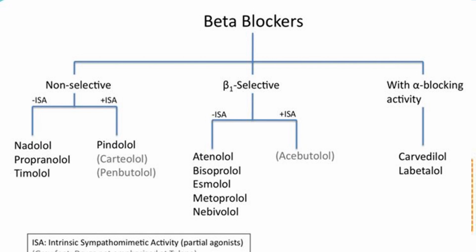Without intrinsic sympathomimetic activity are nadolol, propranolol and timolol. The other category includes the major drug pindolol. Beta 1 selective drugs without intrinsic sympathomimetic activity are atenolol, bisoprolol, esmolol, metoprolol and nebivolol. The other category contains acebutolol. The drugs with both alpha and beta blocking activity are carvedilol and labetalol.